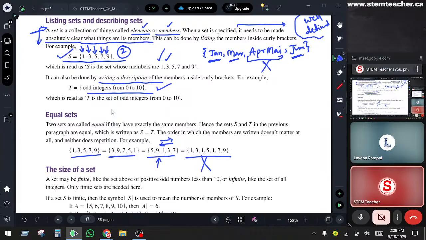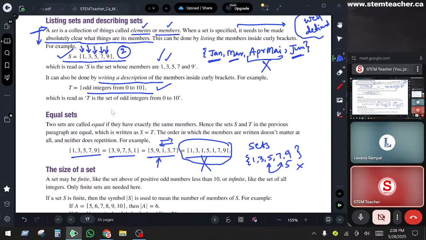Moreover, in sets, we will not write an element repeatedly. If 1 is there, we write it only once. We should not repeat a number twice. That is wrong notation. Of course, it is given here for example purposes, but officially we should not.